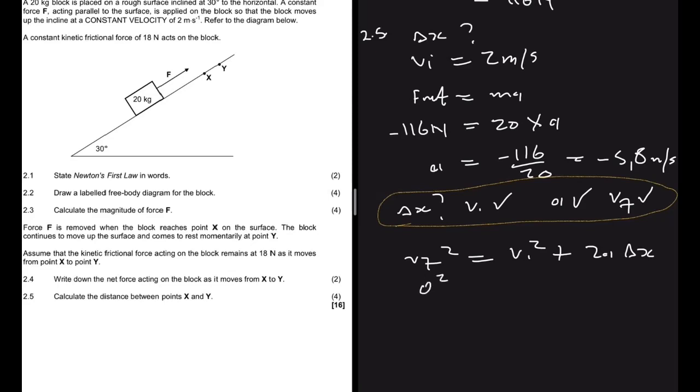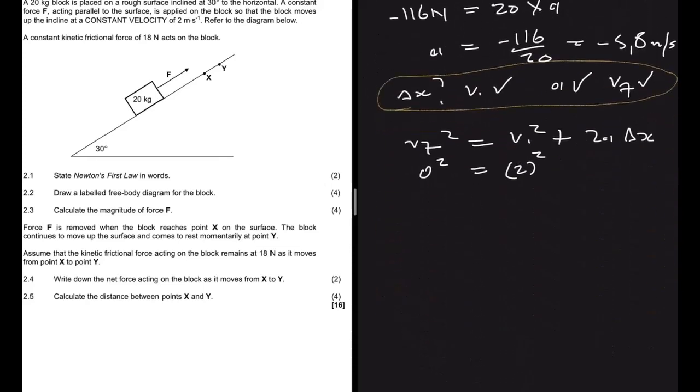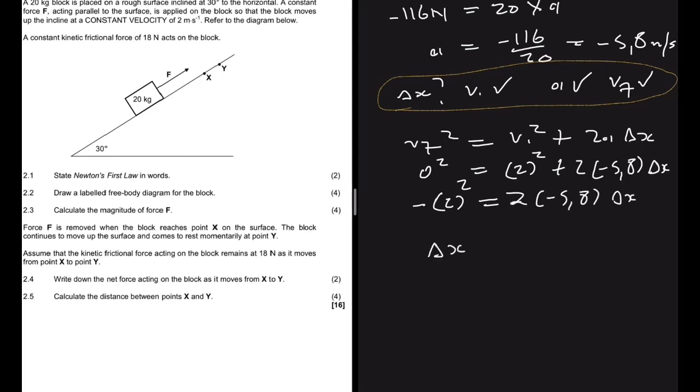So this is 0 squared, which equals 2 meters per second squared plus 2 multiplied by minus 5.8 delta X. So we take 2 squared to the other side, we're going to get minus 2 squared, because 0 squared will just fall off, and then we're going to have 2 multiplied by minus 5.8 delta X. Make delta X the subject of the formula.